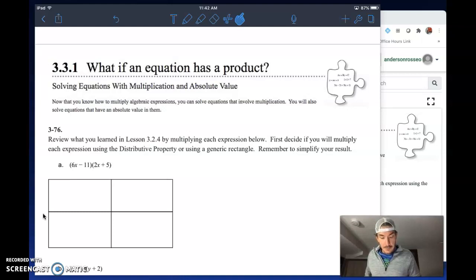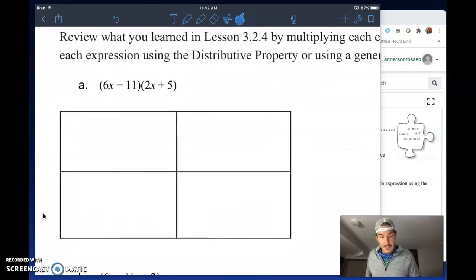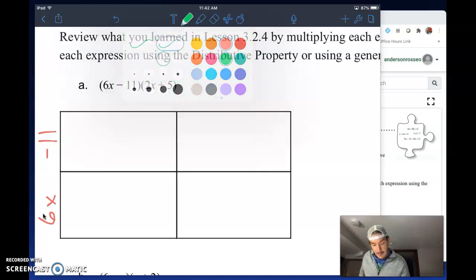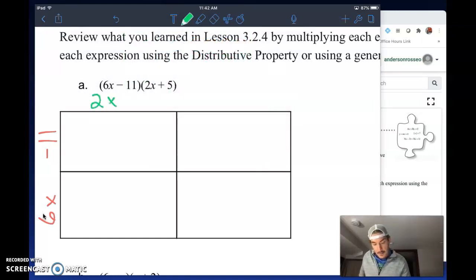This first one has me taking the binomial 6x minus 11 and 2x plus 5 and multiplying those two things. I'm going to put one on the side and another across the top. It doesn't really matter which one's which because multiplication is commutative.